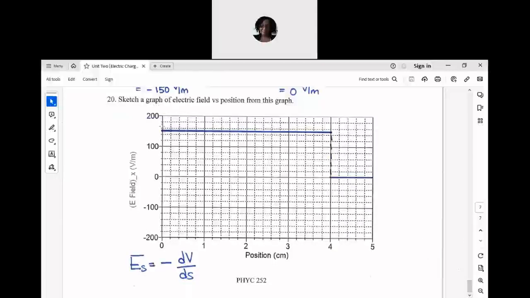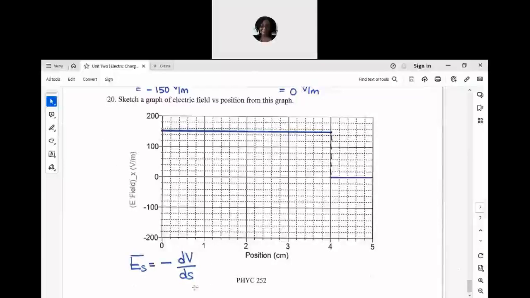I can take negative 150 volts per meter and then multiply through by -1 to turn that into 150 volts per meter. That's a constant value because the slope of the upper graph does not change until I get to 4 centimeters. Now the slope of the last piece of this graph was 0, so the electric field strength at that position is equal to 0.